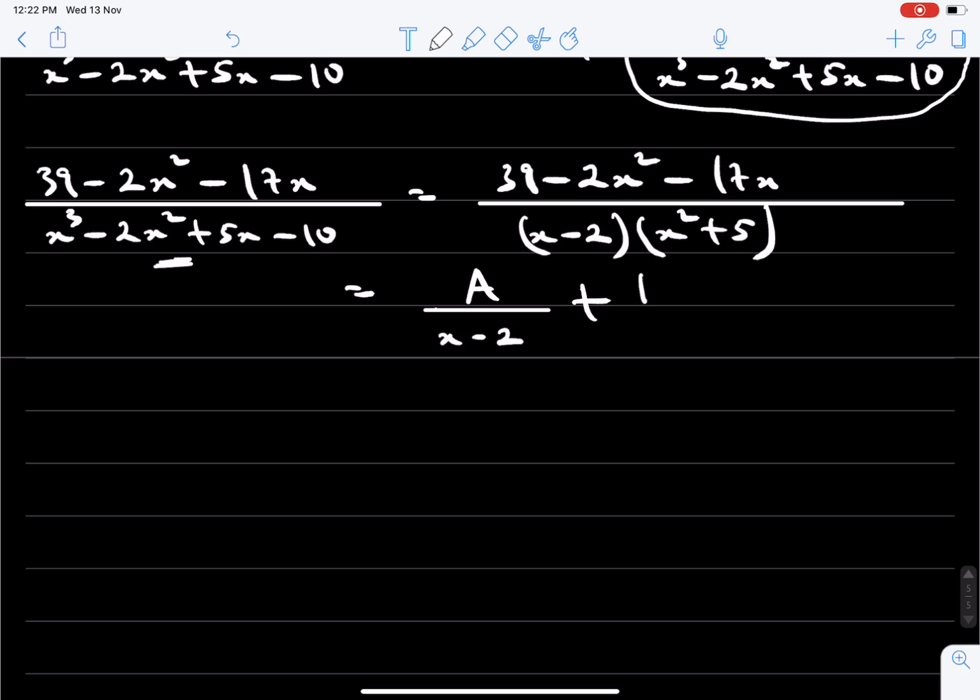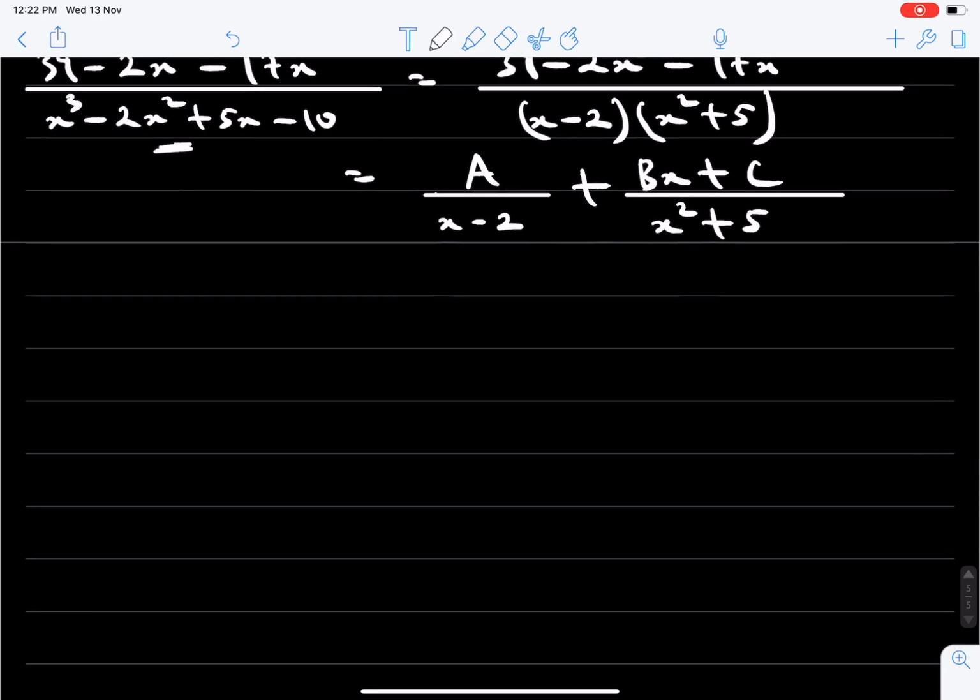So its numerator will be bx plus c. It's going to be a linear expression. So that's bx plus c over x squared plus 5.